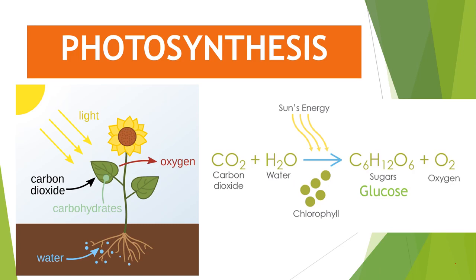And this is the chemical formula of photosynthesis, and the products that we get after photosynthesis are sugar and oxygen, otherwise glucose and oxygen. During photosynthesis plants take carbon dioxide in and give out oxygen. So hope you understood the term photosynthesis, definition, diagram and the formula.